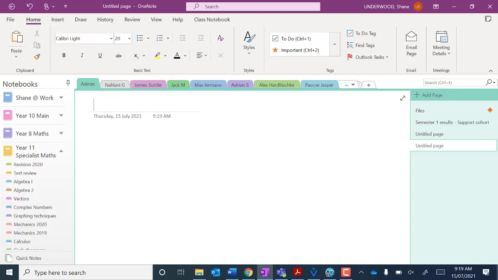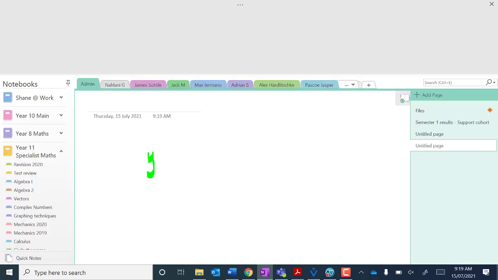let's add a page. If I have a graph of y is equal to x squared plus 7x plus 12, then hopefully we identified that we can factorize that, x plus 4, x plus 3.